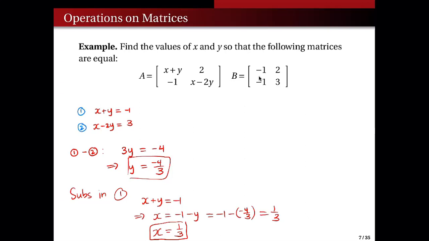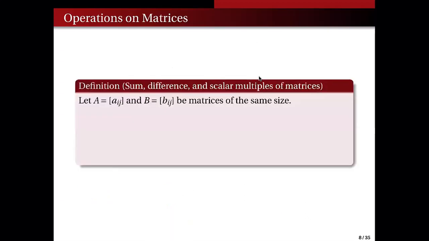Now, let's start with some operations. So suppose we have two matrices, A and B, that have the same size. They must have the same size for this operation, sum and difference, to work.